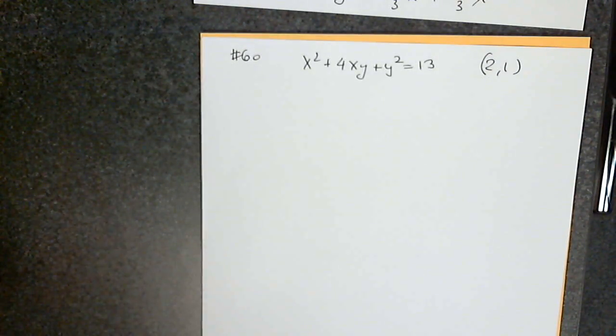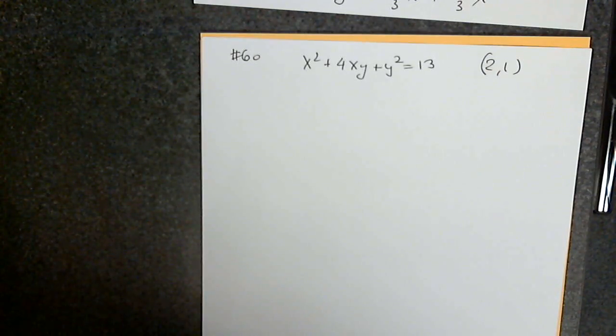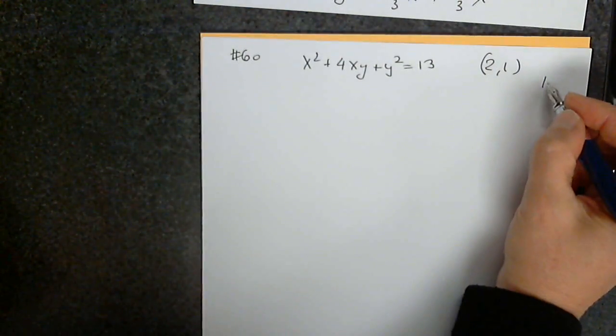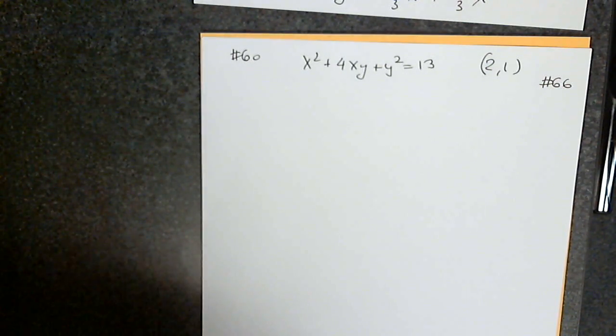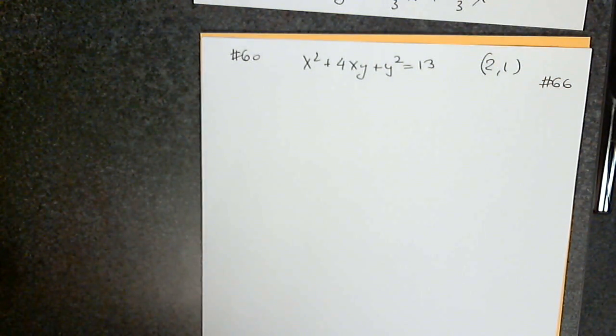Find equations of the tangent line and normal line to the curve at a given point. And then 66. And then the last one, 92.